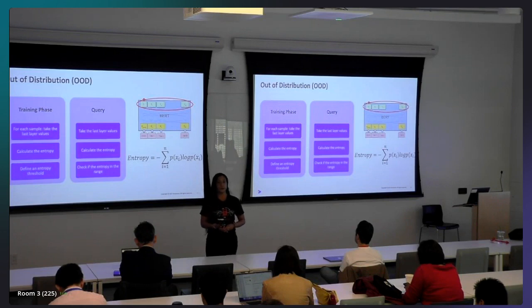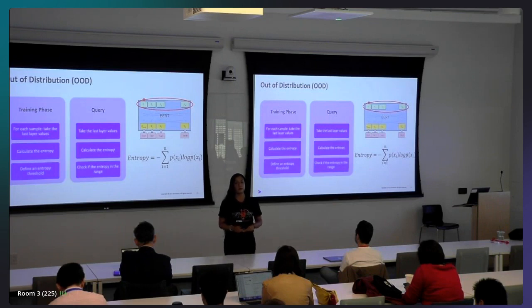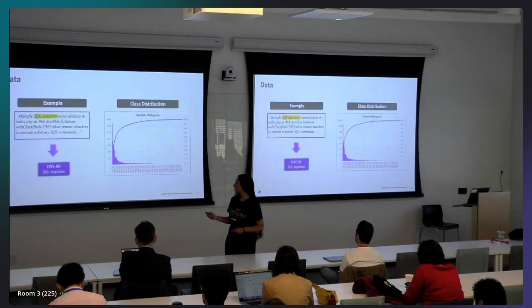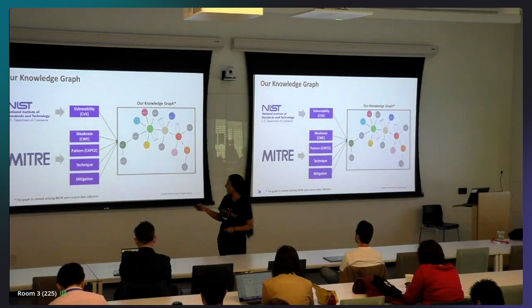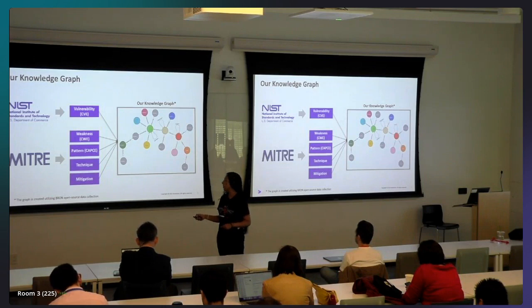Sorry, I came in late. You may have already mentioned in your presentation: how did you build that knowledge graph up front? Did you have that already for this project, or did you build it from somewhere? We take some data, as written over here, based on VON, which is an open source data collector.